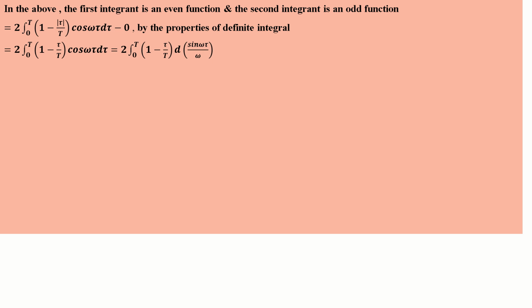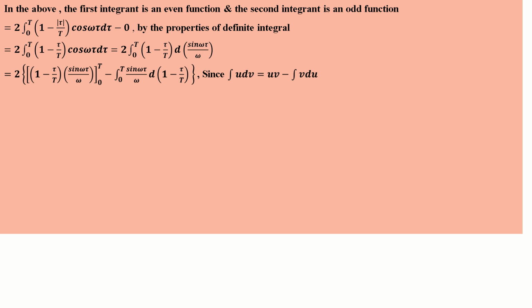So 2 times, uv: 1 minus tau by T into sin omega tau by omega from 0 to T, minus integral v du, from 0 to T, sin omega tau by omega times the derivative of 1 minus tau by T. Giving the upper limit, instead of tau we replace capital T: 1 minus T by T, sin omega T by omega, minus the lower limit, 1 minus 0, sin 0, minus integral 0 to T of sin omega tau by omega times minus d by d tau of tau by T.